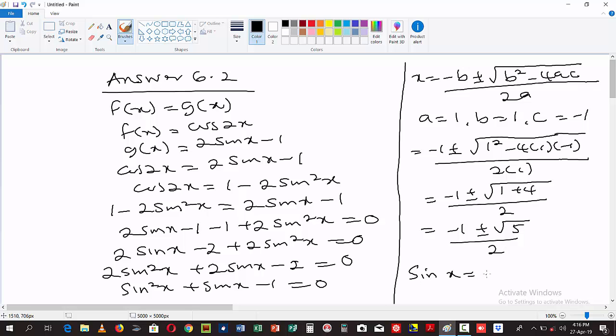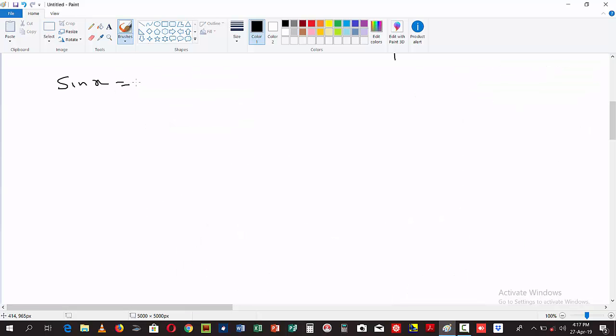Sine x is equal to minus 1 plus or minus square root of 5 divided by 2. That is, sine x is equal to minus 1 plus square root of 5 over 2, or sine x is equal to minus 1 minus square root of 5 divided by 2.